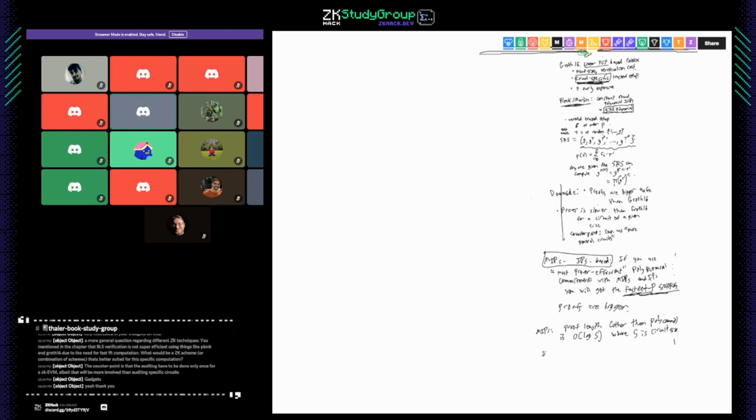For the GKR protocol, this log S is the depth of the circuit times log S. Really, it's log width. This is always worse, at least up to a constant factor, than log S. So the IPs have the biggest proofs, and the MIPs have the next biggest proofs after them.